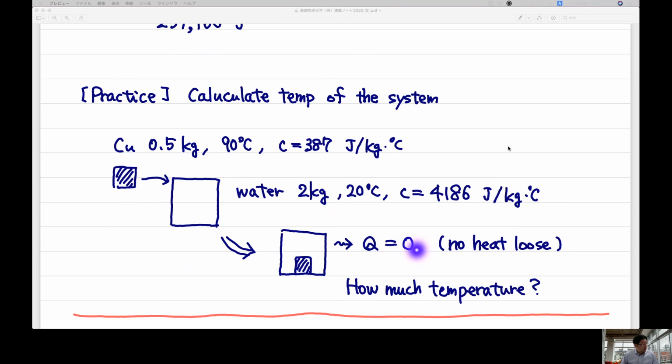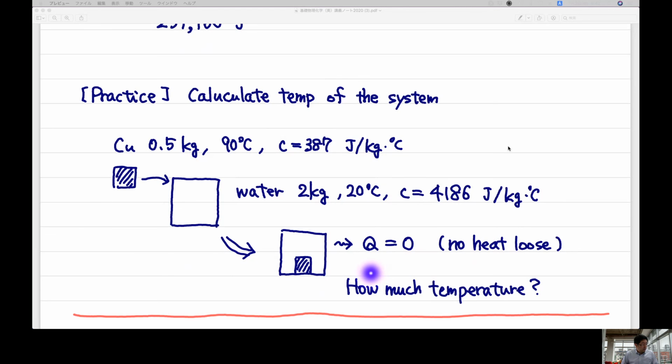You can set the final temperature, because the temperature should be the same after mixing; the water temperature and copper temperature go to the same temperature. And after changing the temperature, the total Q should be 0.